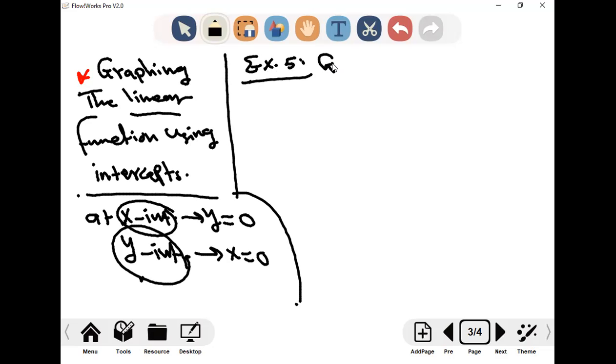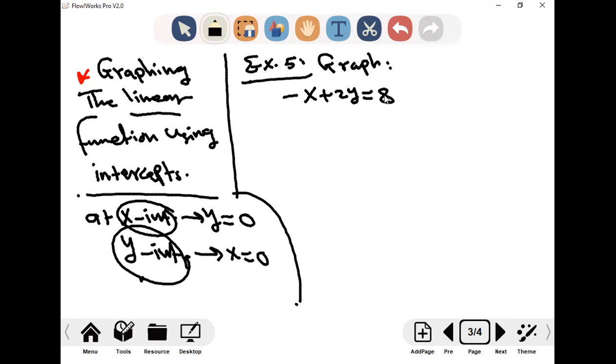Graph negative x plus 2y equals 8. I will use the intercepts. So I will find first the x-intercept, then the y-intercept. Agreed? Watch the board, don't write, just understand.